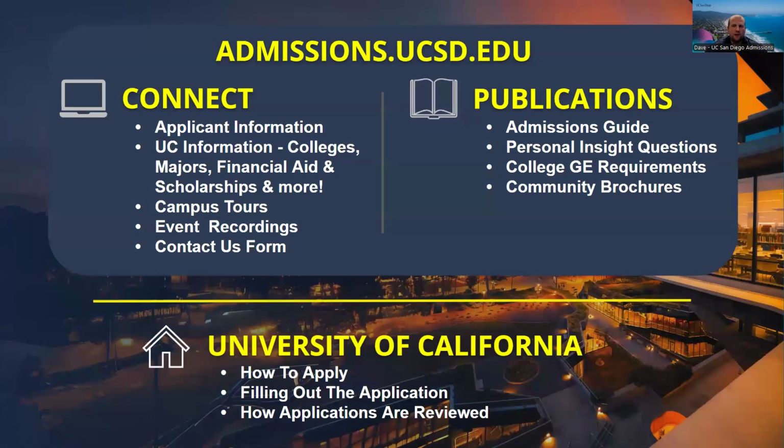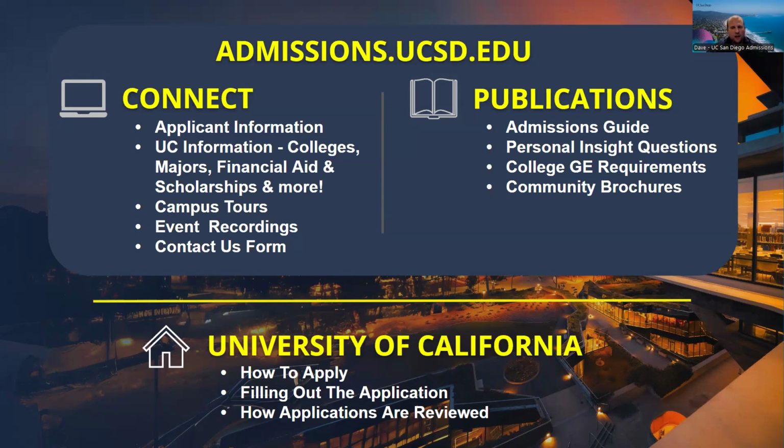And then finally, we encourage you to take advantage of the many resources that we have before submitting your questions or filling out that contact us form. We have dedicated a significant amount of time to putting as much information as possible on our website and through our publications.